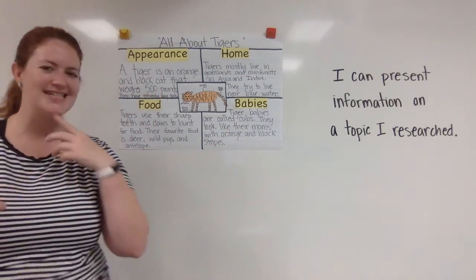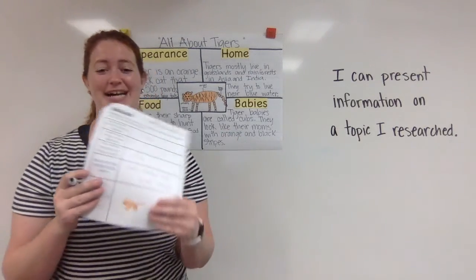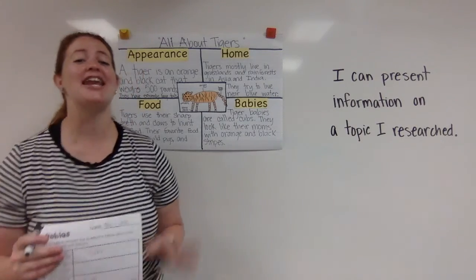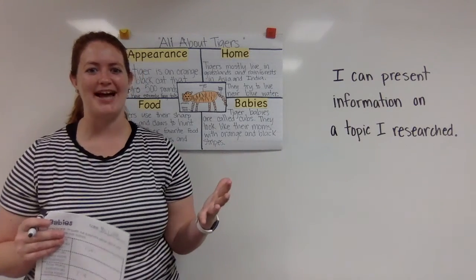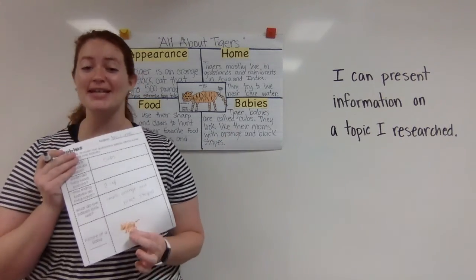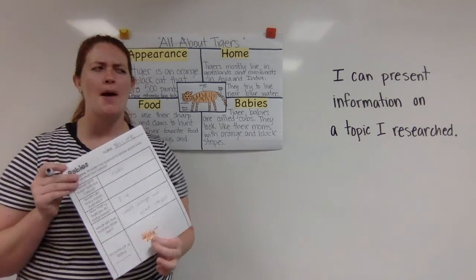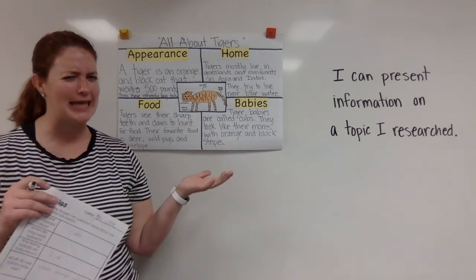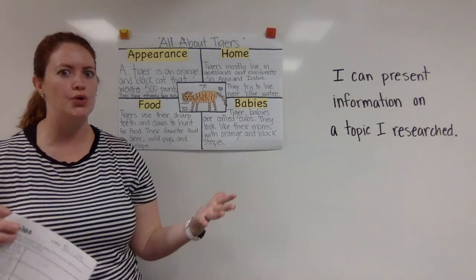Oh, you know what? I made a point to tell you how cute they were. When I was doing my research and I saw the photographs of the baby tigers, I just thought, oh my gosh, they're so cute. And I tried to make it look so cute in my picture. I wonder if I could somehow say that. Could I say they are so cute?